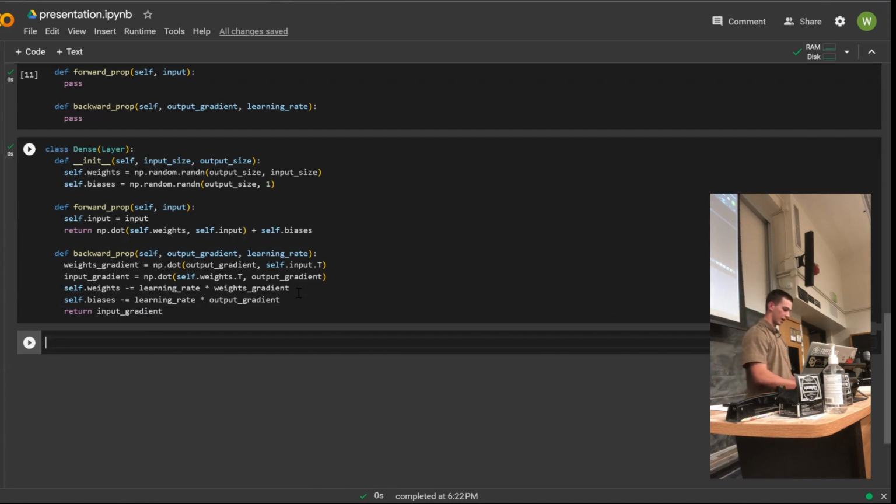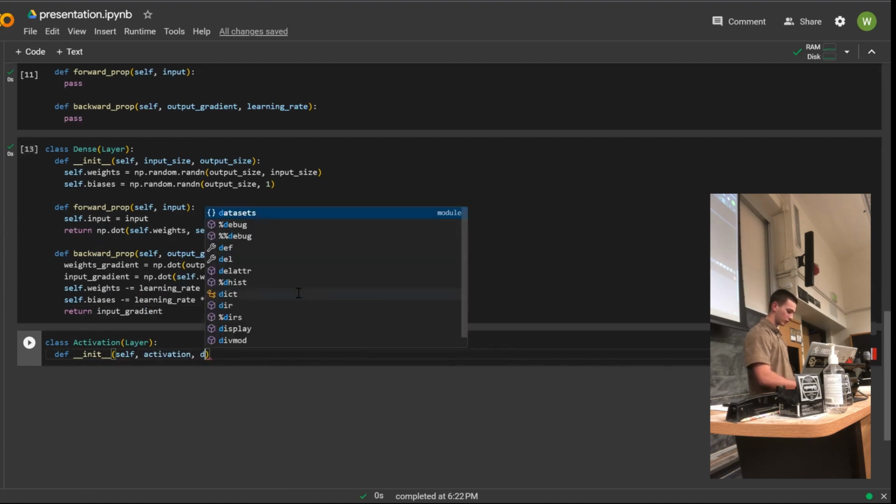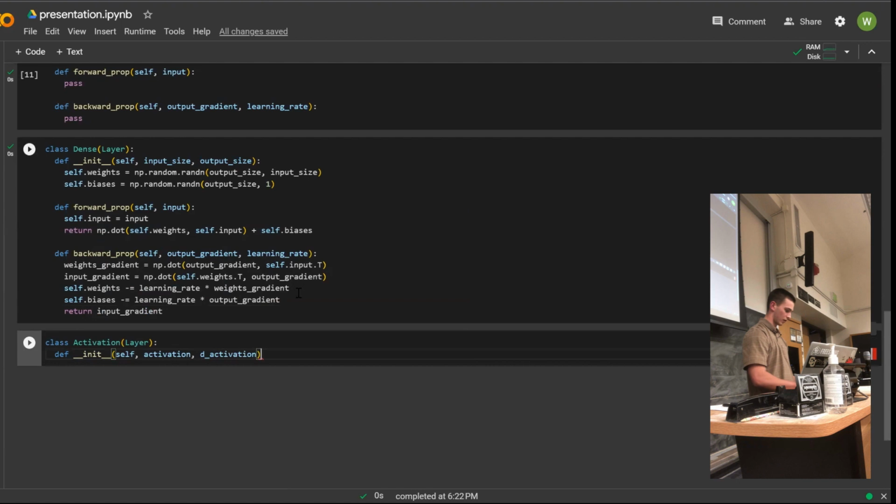Now I'm going to build our activation layer, and this is going to inherit the layer base class. So we're going to need some activation function here and the derivative of that activation function, and we can set these.